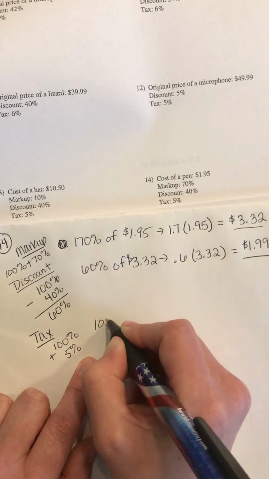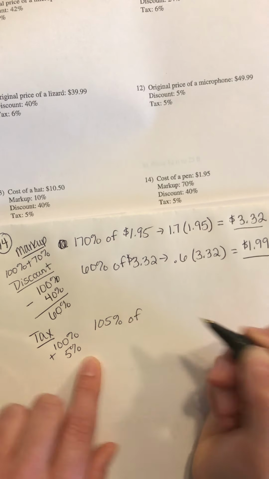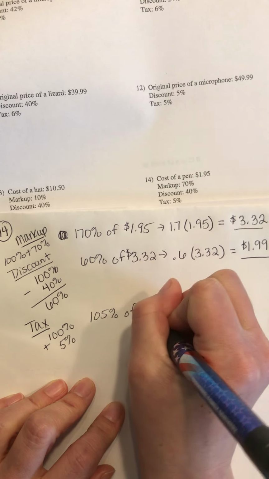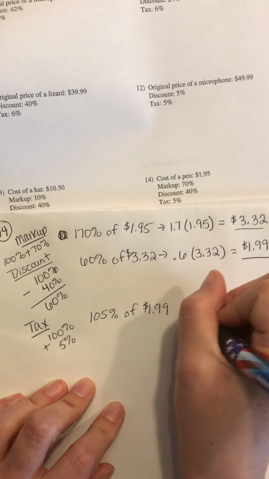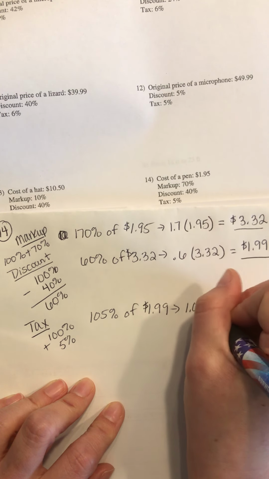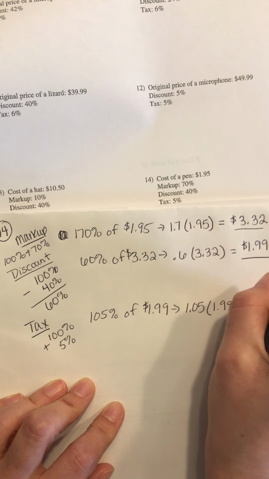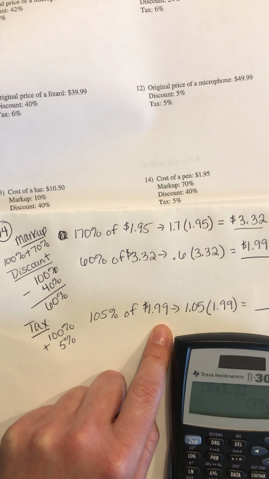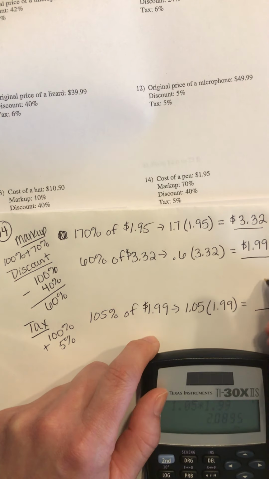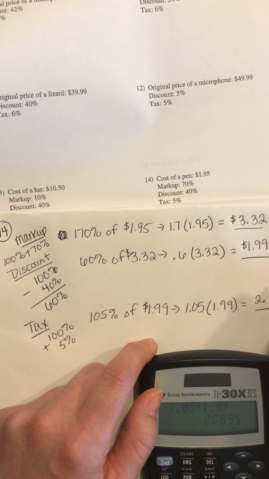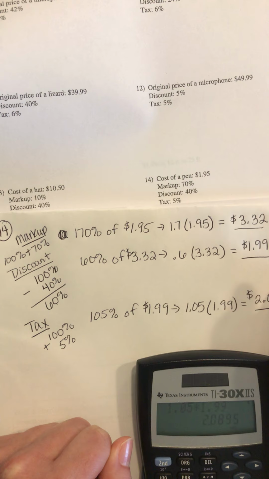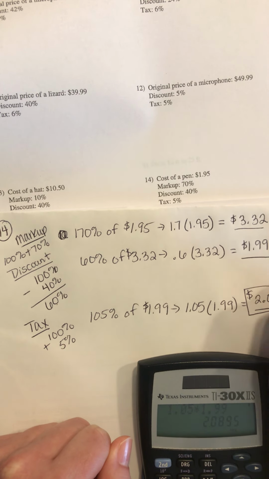So 105% of the last price that we have, $1.99. Okay, so 1.05 times 1.99. Okay, that's going to give me that price at the register. 1.05 times 1.99 to, yeah, we'll say $2.09 here. All right, so that is going to be your total.